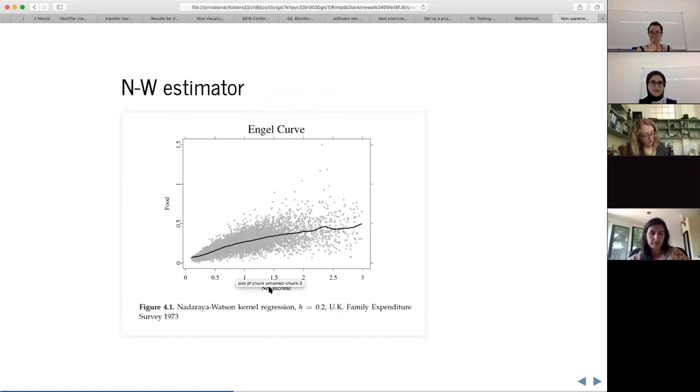If you have, for example, two variables, net income versus food, fitting an NW estimator is essentially fitting a smooth curve, which at any given point is a locally weighted average of the response.